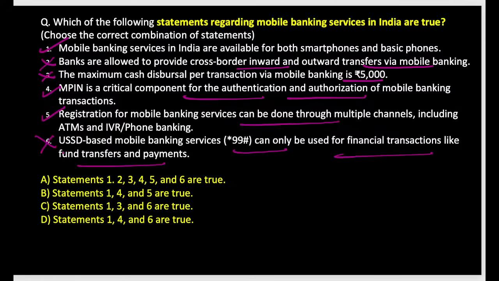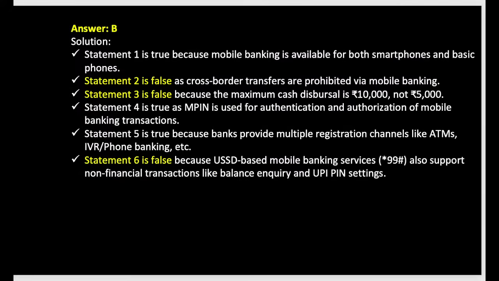It can be used for balance inquiry and others also, right? So 1, 4, 5 means option B will be the right answer for this particular one, not D. D has 6, and 6 is wrong. 5th one is right, 6 is wrong. So we can do other transactions like balance inquiry and other things related to this.